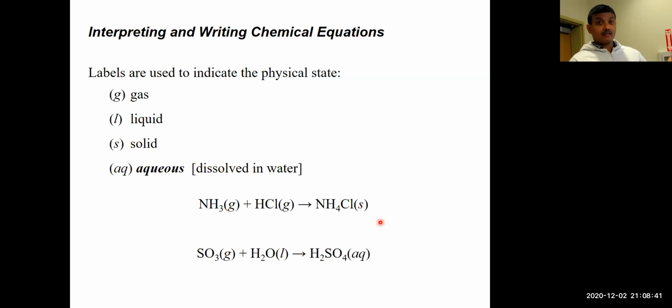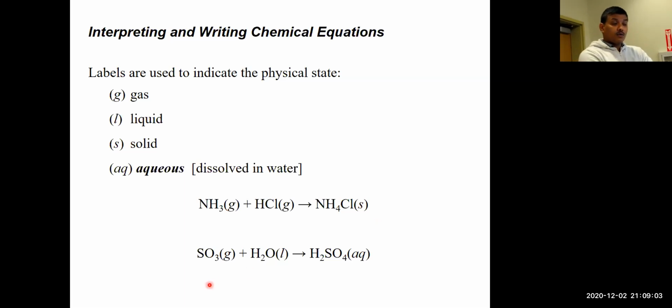Now you wouldn't expect NH3 and HCl to react in an open flask on a bench top, right? Because they both are gases, they have to be in a closed container. Only when there is no other gas would these two react without diffusing. That's why we need to include those physical states.